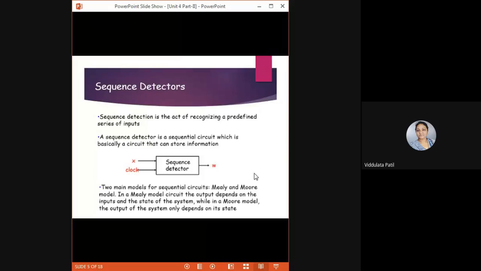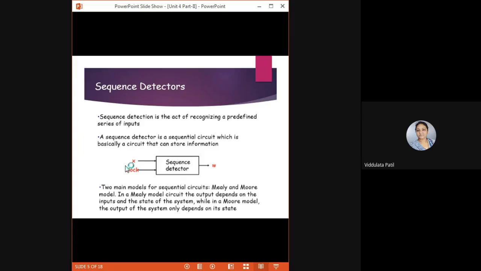Okay, so that means suppose we have a certain predefined series of inputs. Whether we are getting the same sequence is detected, and depending on that, the output signal will be high or low. So you can see here the block diagram of the sequence detector has one input that is a clock. Depending on the clock, it will check what the input is.